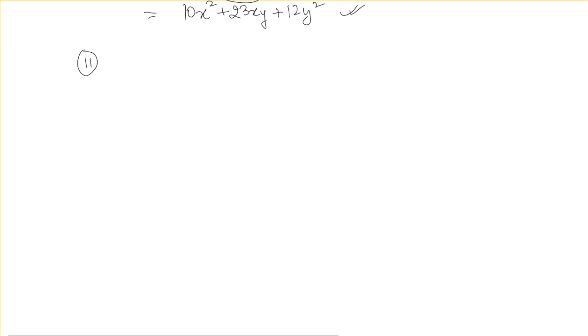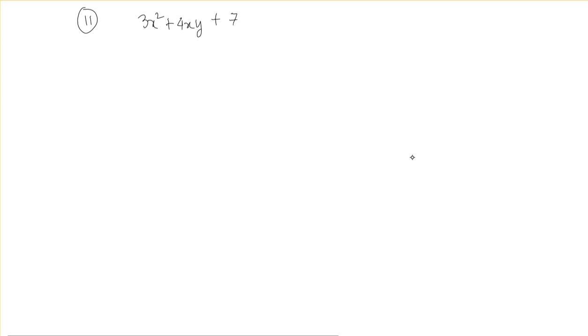Okay, now the second example is 3x square plus 4xy plus 7z square times 5xy minus 4z square.